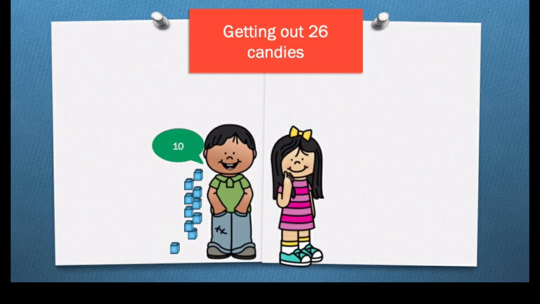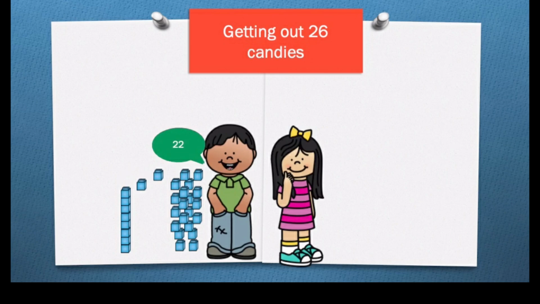He then gets out another stick of 10 and continues counting by ones, 11, 12, 13, 14, again breaking off a cube with each count until he gets to the end of his next stick. He is at 20 in his count. He then gets out yet another stick of 10 and continues counting by ones, 21, 22, 23, 24, 25, 26, once again breaking off a cube with each count.